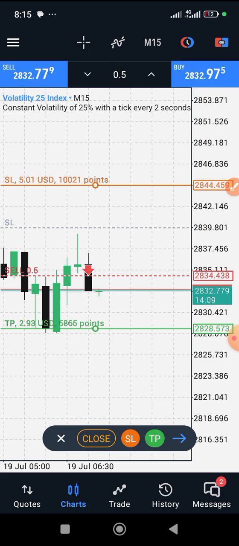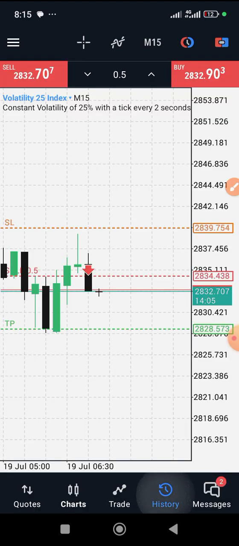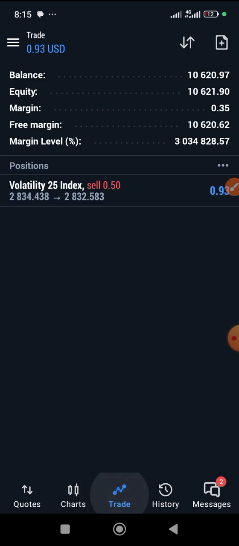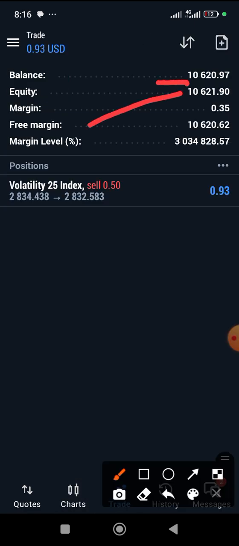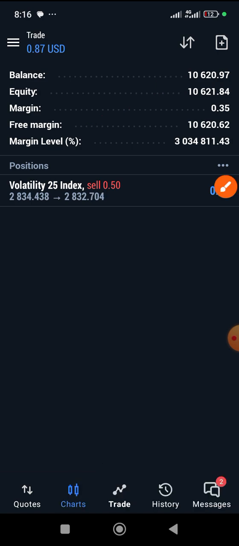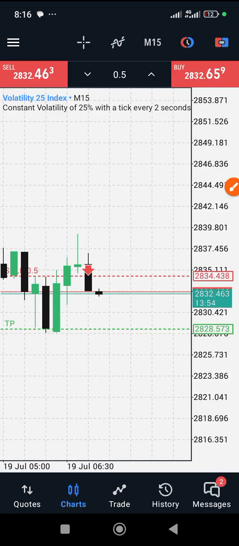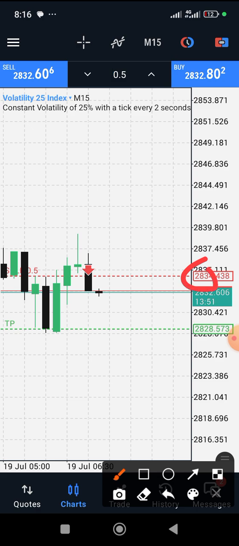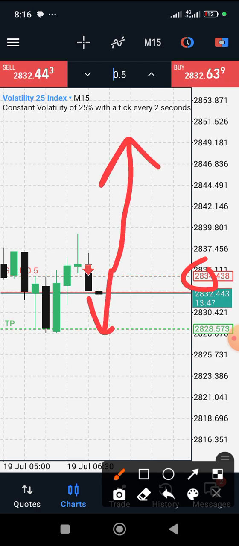Now, in a scenario where you don't set a stop loss at all, and let's say your account balance, as you see here, is 10K plus. You don't put a stop loss, and you said the market would come downwards from this price. You sold the asset, and the market price kept going upwards, opposite to what you said.